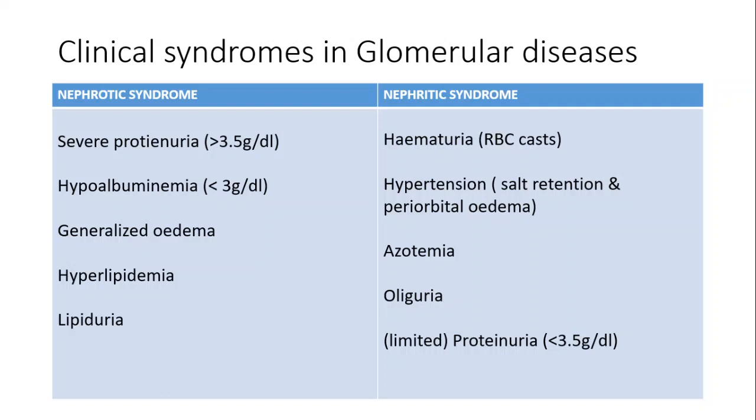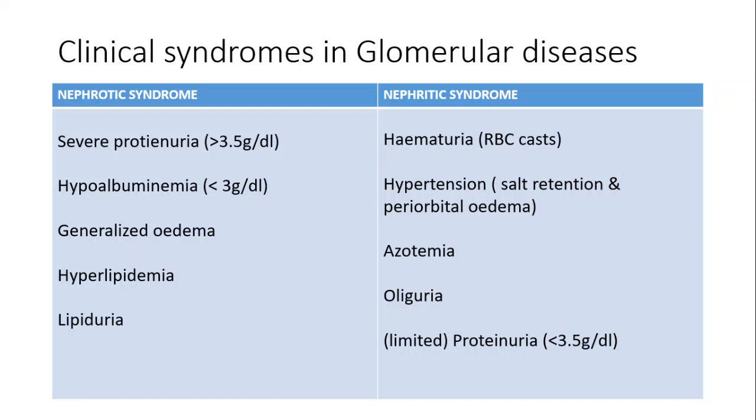Nephritic syndrome will present as hematuria. You will find RBC casts in the urine also. Then hypertension, where you will find salt retention and periorbital edema as a presentation of the hypertension.